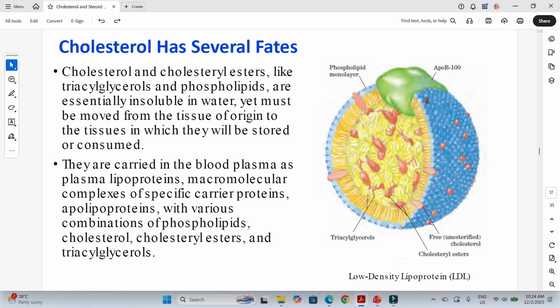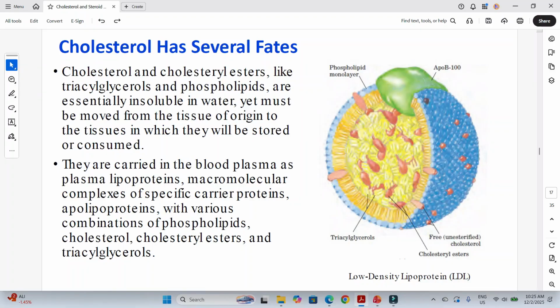Now, the plasma lipoproteins, you can think of them as, they're not vesicles. I'm sure you've heard me mention before, micelles. These are micellar assemblies, right? In which the hydrophobic tails of the phospholipids are projected inward, while the hydrophilic heads are projected outward, interacting with the molecules of water.